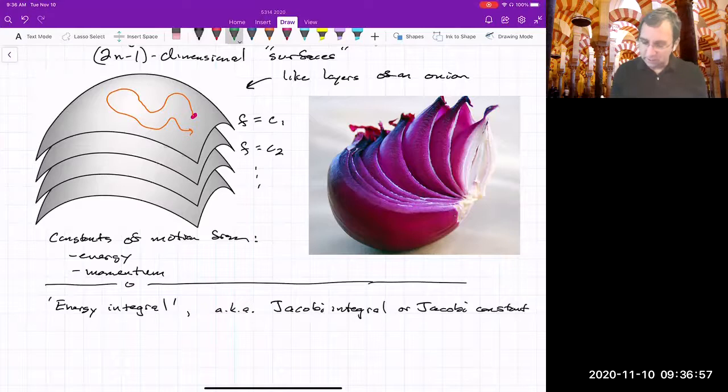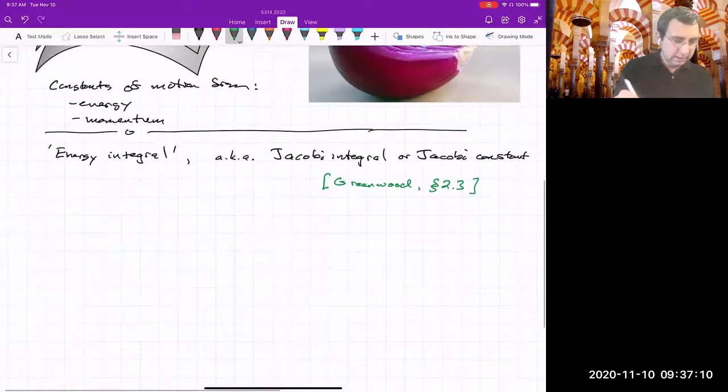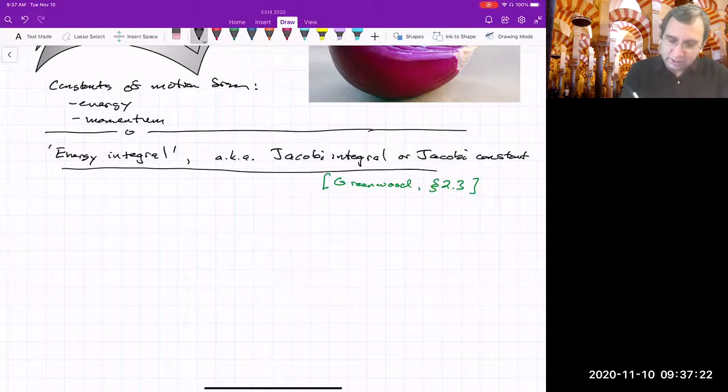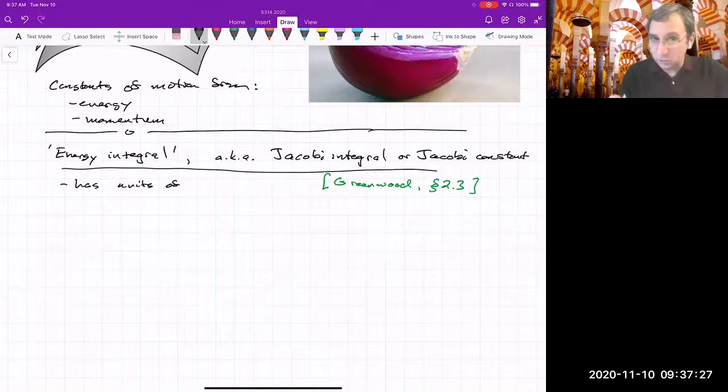And if you want to read, this is in Greenwood, chapter 2, section 2.3. So you can think of this as a main constant of motion. And it has units of energy, but it's not always equal to the total energy. So we might put that as a caveat.